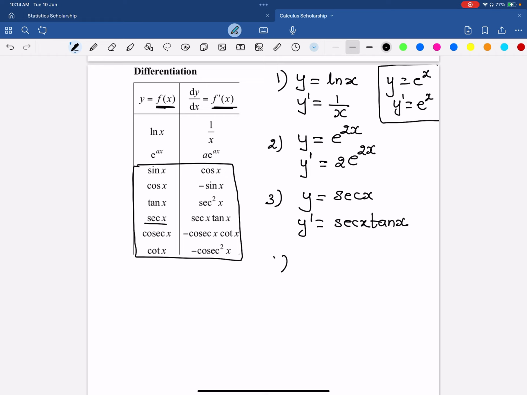Similarly, say if I want to differentiate cot x, y dash will be negative cosec squared x. There's only one more function which is not given here because that's an exponential function as well, and that is of the form 2 to the power of x.